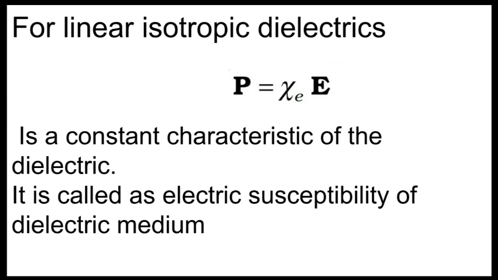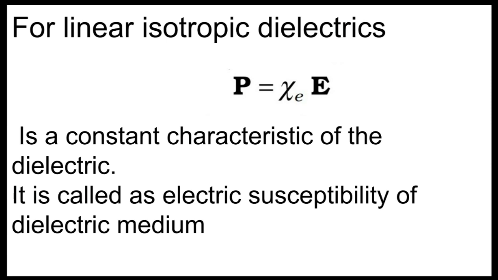Polarization and electric field are vectors, and chi is a scalar quantity. It is a constant which is a characteristic of the dielectric, meaning for different dielectrics, this constant will have different values.